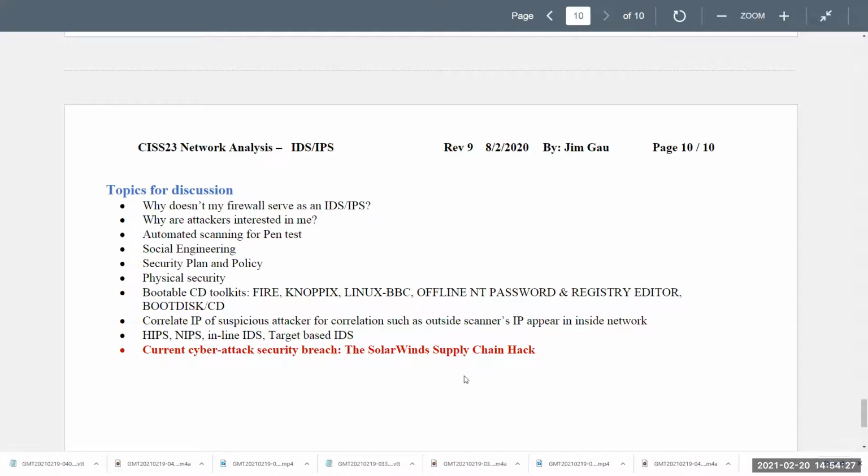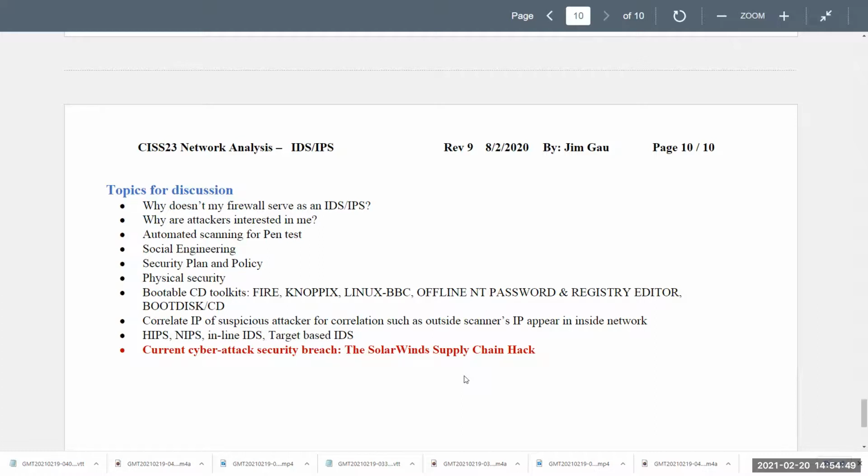So what happened is they have a periodic patch. And unfortunately, SolarWinds got compromised, so the patch included malware and got distributed out. SolarWinds calls it Sunburst.